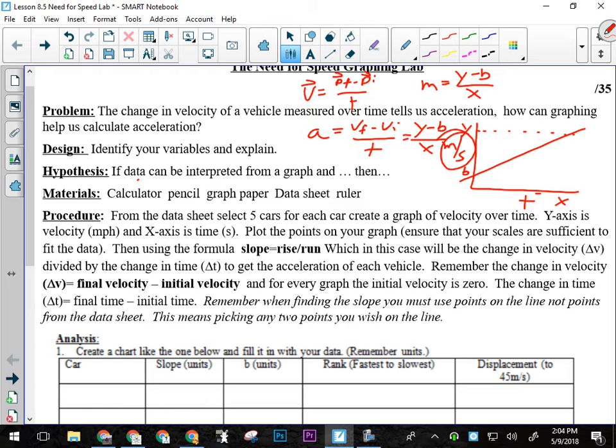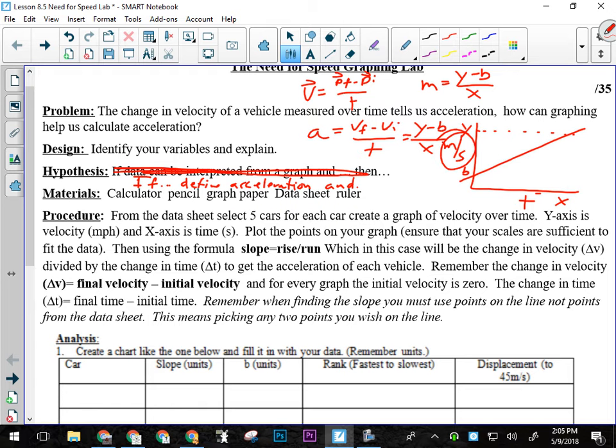Okay, for our hypothesis, we're going to ignore what this if part here says, okay? Our if part should talk about what acceleration is. Okay, so the if part should say, if acceleration is, and can you give me a definition of acceleration? And you have a definition of acceleration in your notes, by the way. Okay, the and part's going to describe the experiment.